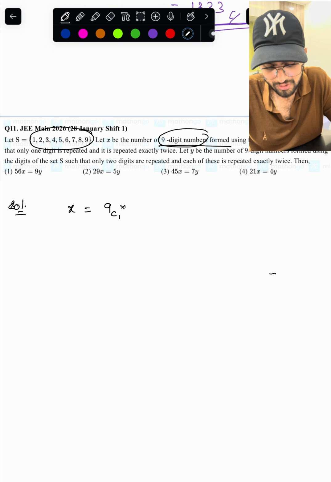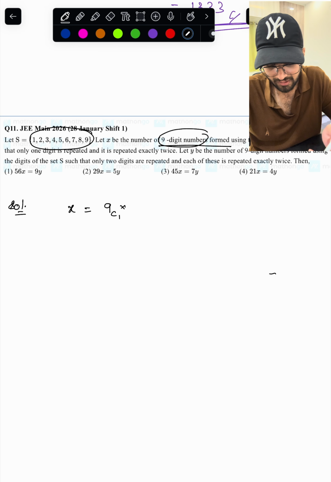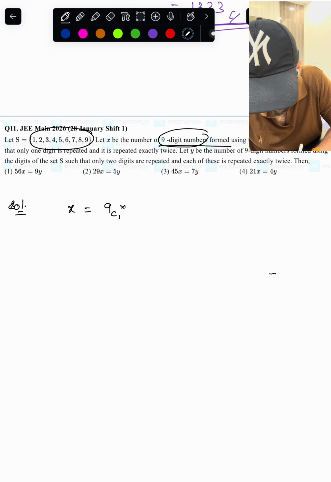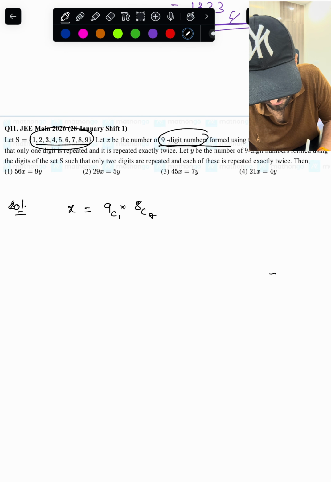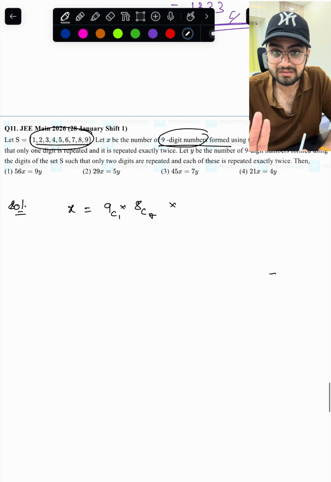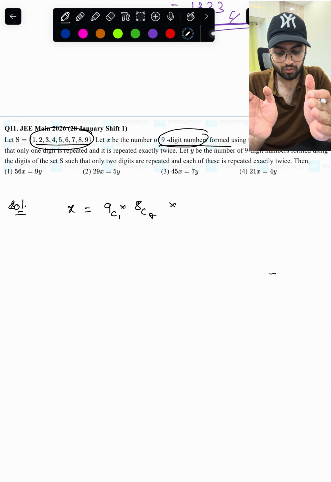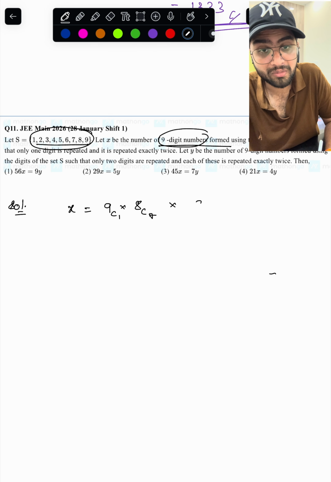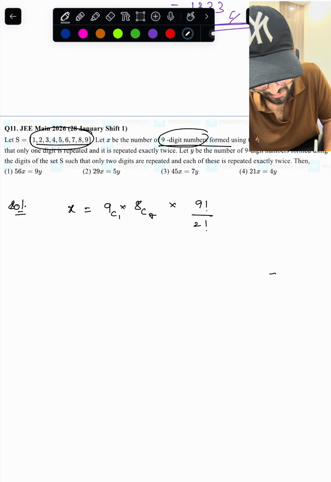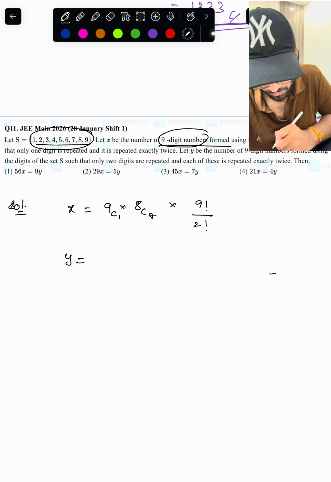We require 7 more digits because 2 are already selected. Out of this 9 we have selected 1, remaining 8 are there, so out of those 8 I can select any 7. Now we have 9 digits, of which 7 are distinct and 1 is repeated exactly twice. In how many ways can they be arranged? 9 factorial by 2 factorial. This is X.